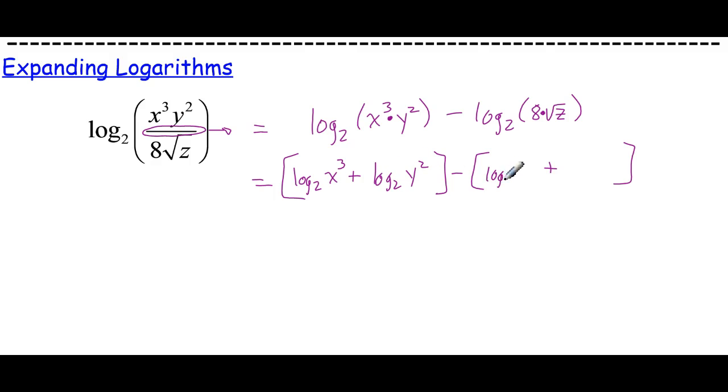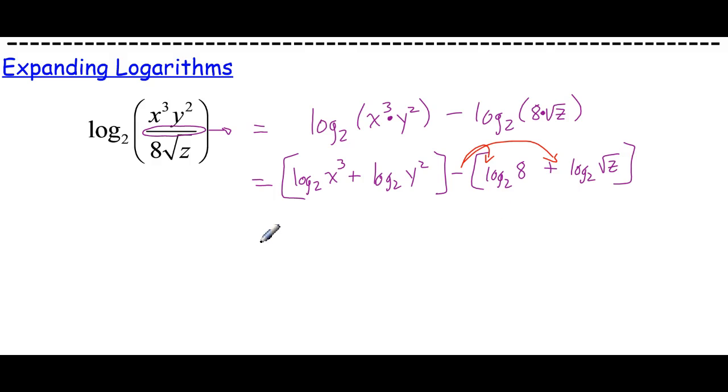This one's going to be log base 2 of 8. This one's going to be log base 2 of the square root of z. And you'll notice I've already pulled a very important trick. By putting these parentheses here, what I'm trying to point out to you is that this minus sign goes to both of those. Both of those will end up with a minus sign on them.